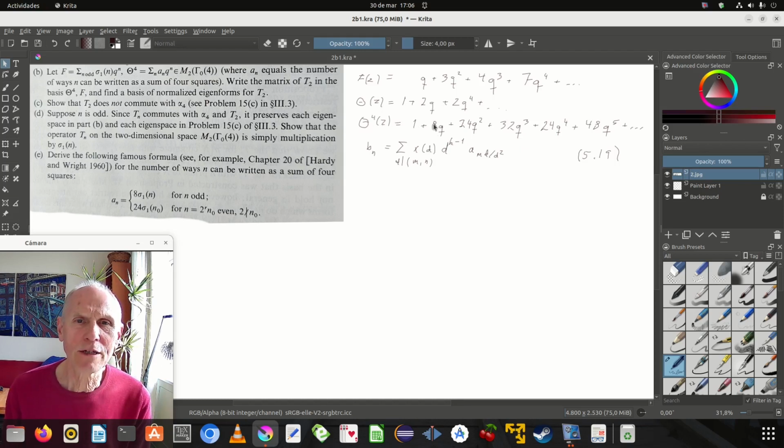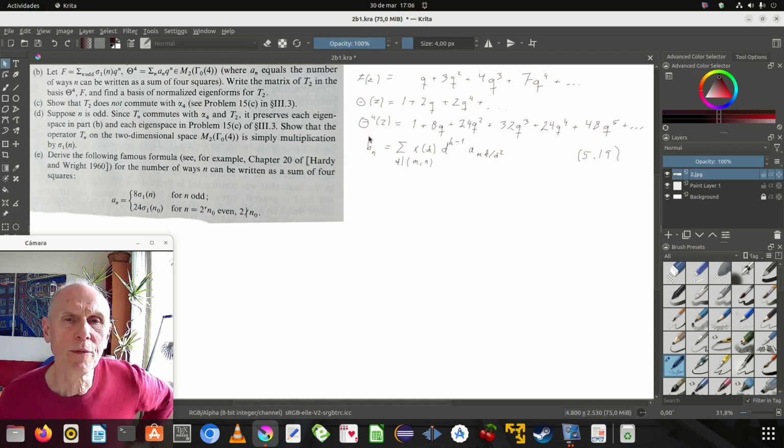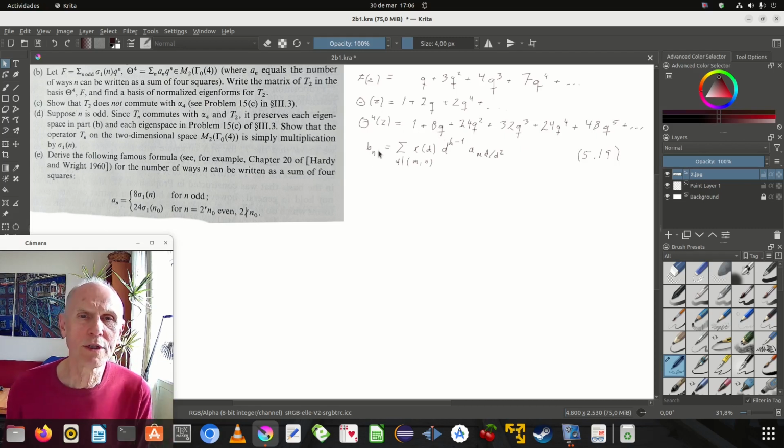This is not normalized, of course. That means that we have 1/8 here, and then the coefficient to q is unity. But the idea was to use this formula to compute the Tn, T2 of f and T2 of theta to the fourth.